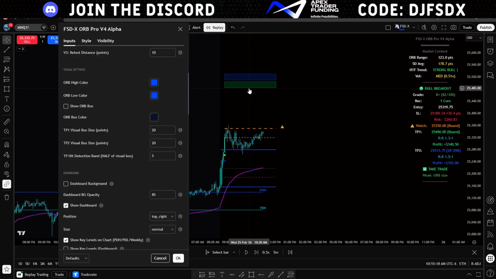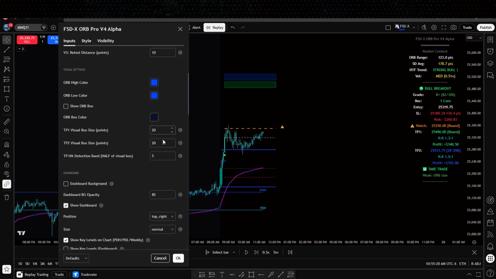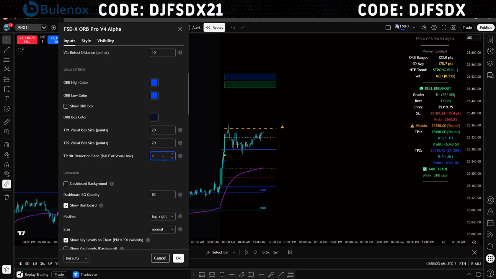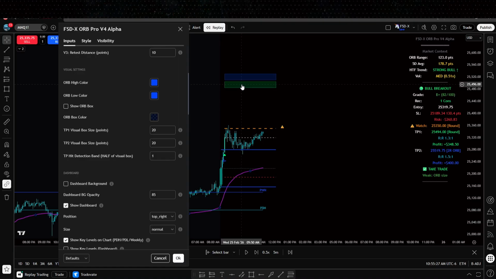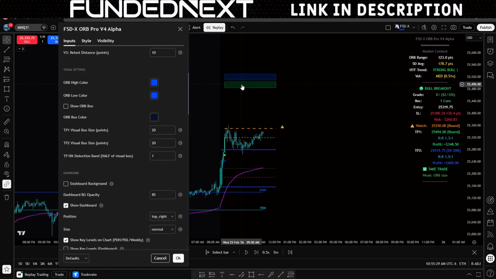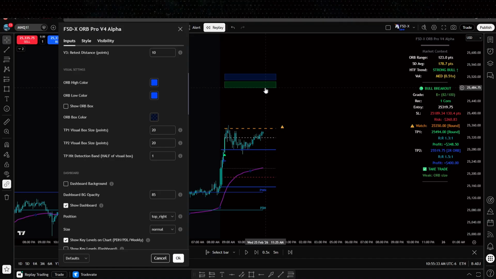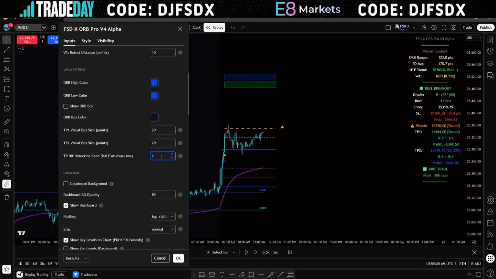So just be aware, it matches this line. It's always half. If you change it to 1, the hit detection would actually be a lot higher, inside the middle of the box. Whatever this is, if you want it to line up with this bottom line, if it's 20 points, just do 10. If you're doing a 10 point box, just do 5, and so on.